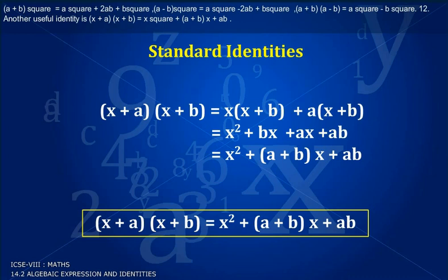Another useful identity is (x plus a) into (x plus b) is equal to x square plus (a plus b) into x plus ab.